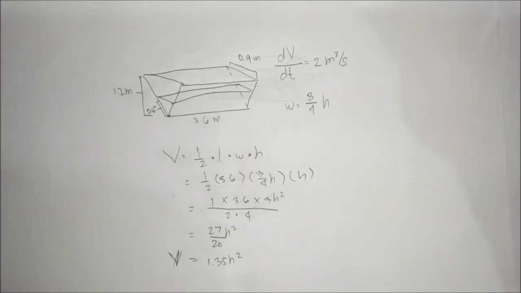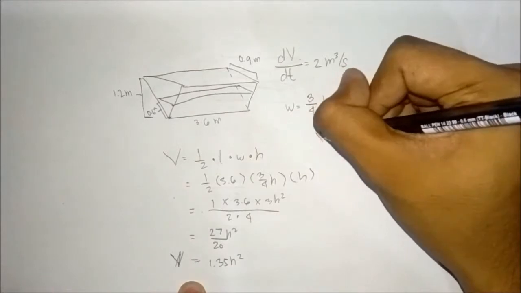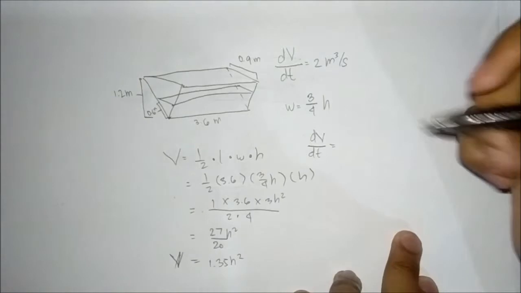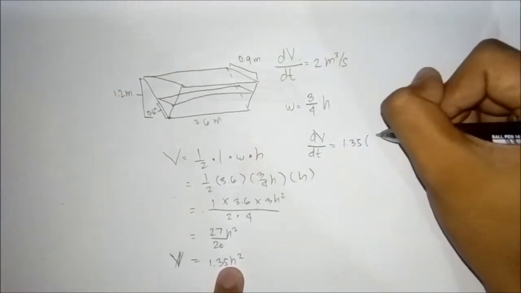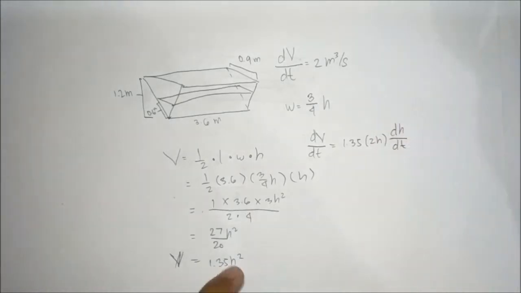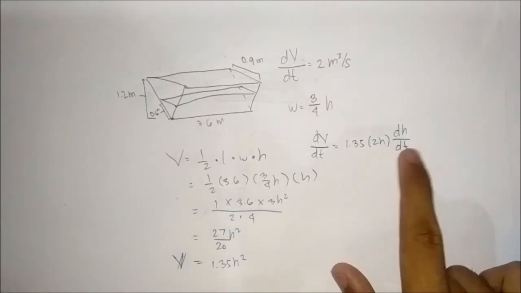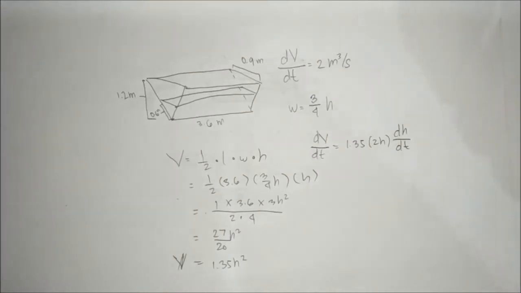And then after you do this, you differentiate this equation, differentiating dV over dt, and then 1.35 times h squared with respect to time. And then after differentiating, because we have the h now and the change of h, we plug everything in.